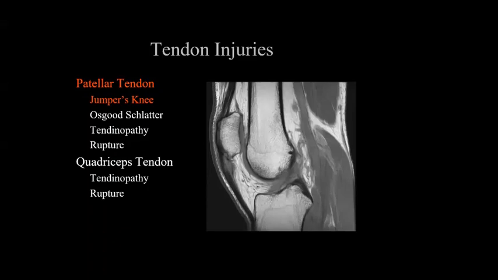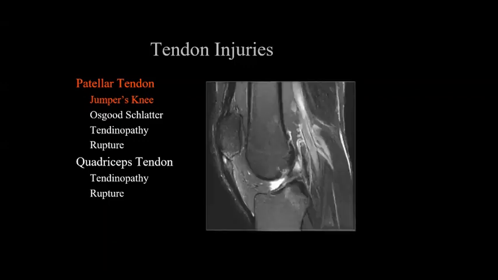All these types of sports are associated with repetitive overuse of the extensor mechanism. And what you get is tendinosis of the proximal patellar tendon. There is also a small tear in the proximal fibers of the patellar tendon associated with marrow edema involving the lower pole of the patella. All these changes together are called jumper's knee, or proximal patellar tendinosis with a small interstitial delaminating tear of the proximal patellar tendon fibers.